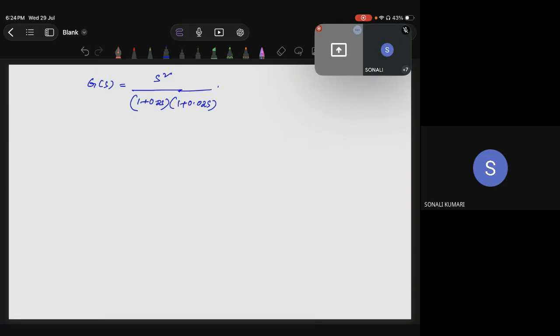If you substitute j omega, so (j omega) whole square, and 1 plus 0.2 j omega, correct?